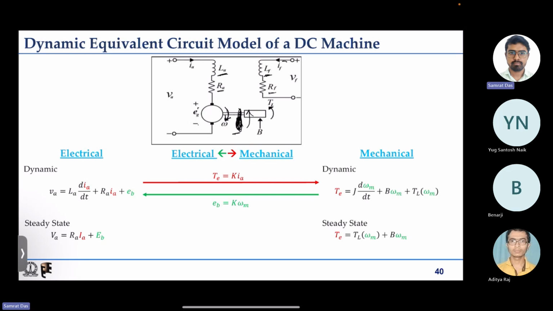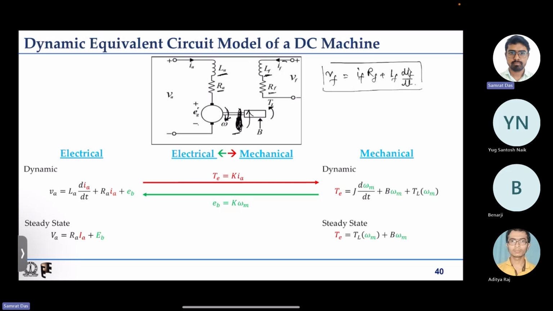The electrical field circuit is anyway, we know, VF is the input: VF equals IF RF plus LF dIF dt. So this is the field circuit model.